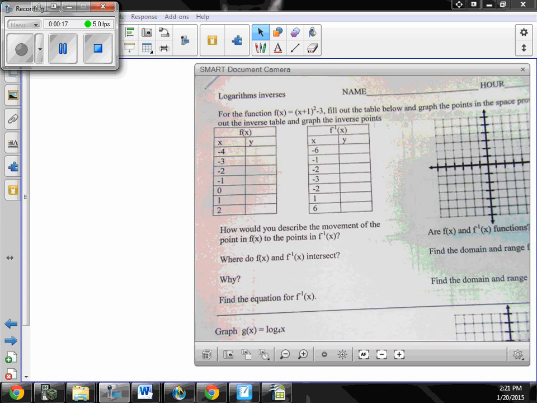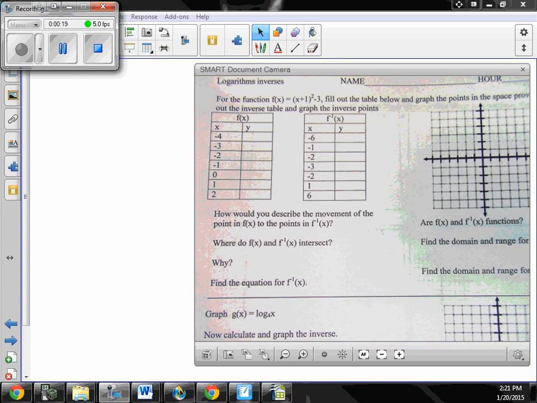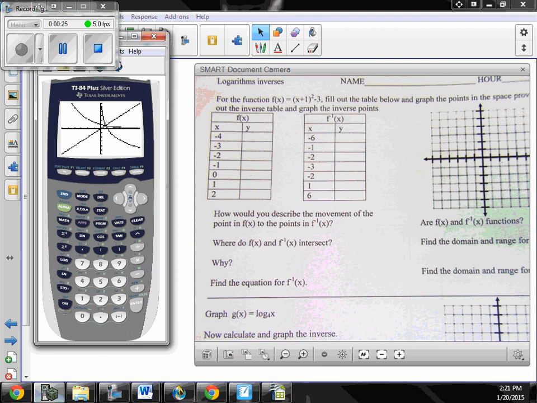So we need to fill out the chart for (x + 1)² − 3. The fastest way to do that is on your calculator. So go to your calculator, type in that function, and then just go to table.